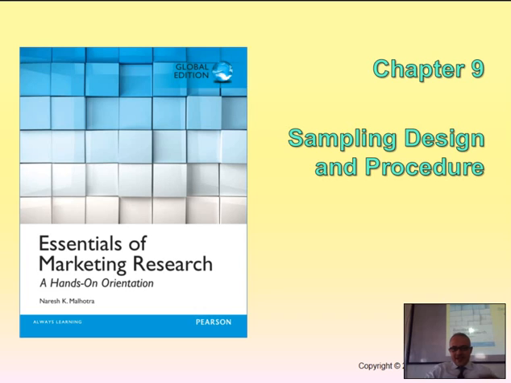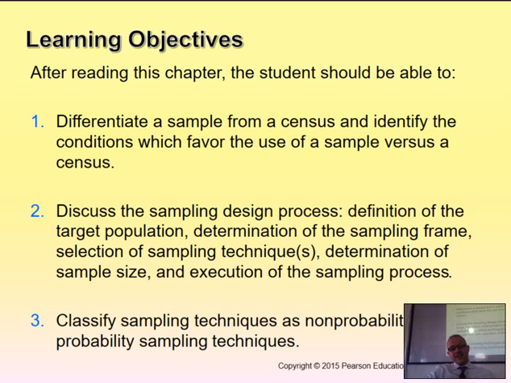Here we've got chapter 9, sampling design and procedures, and the learning objectives of this chapter is to differentiate a sample from a census and identify the conditions which favor the use of the sample versus a census.